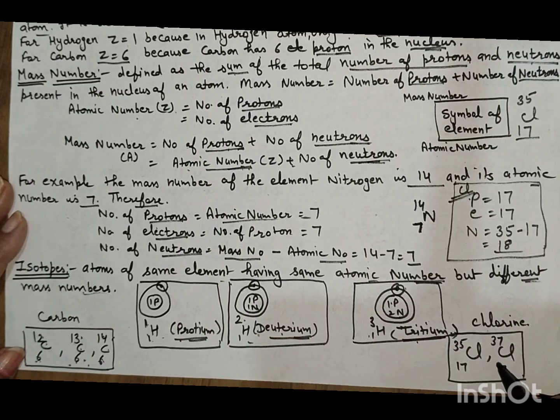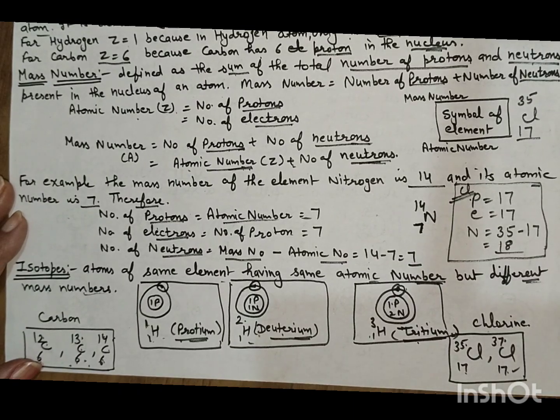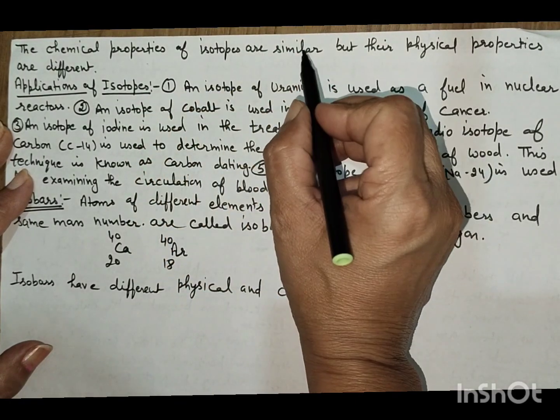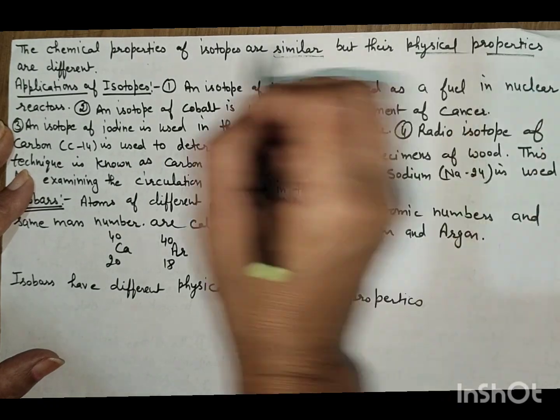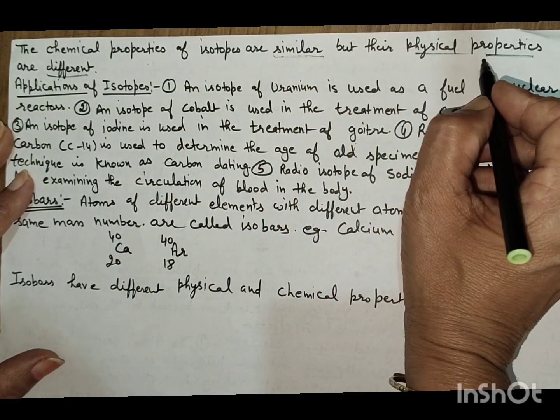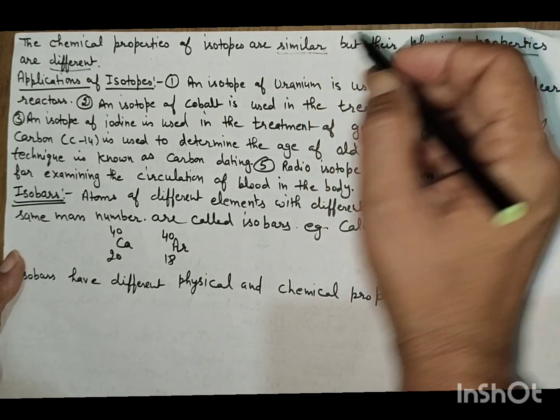We can take the example of chlorine, 17-35 and 17-37. Atomic number is the same in both and mass number is different. These are examples of isotopes. Chemical properties of isotopes are similar but their physical properties are different.